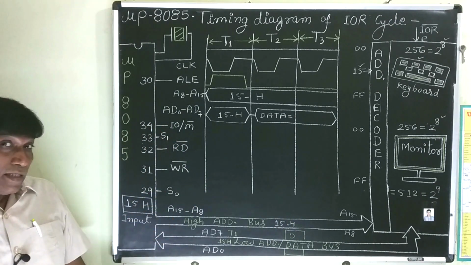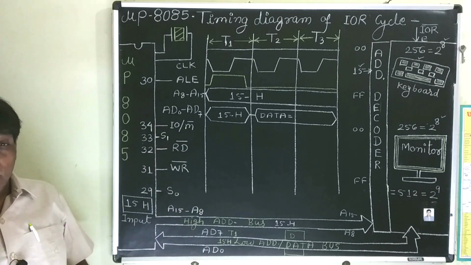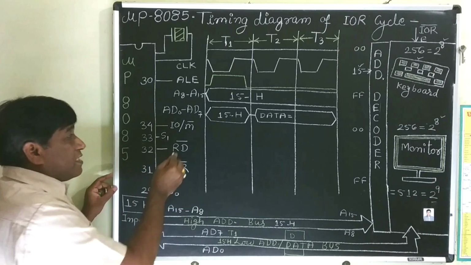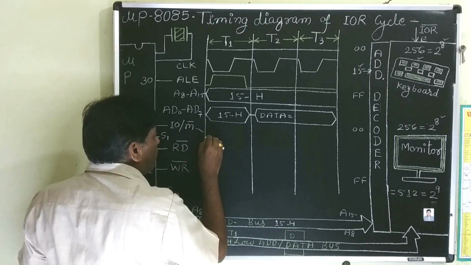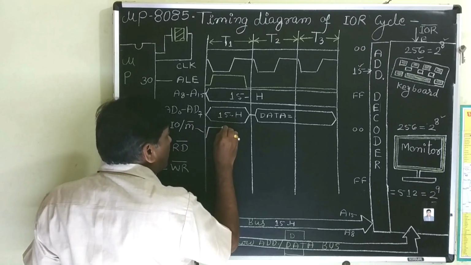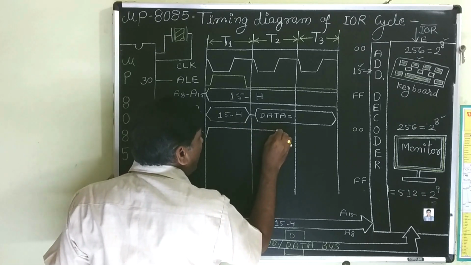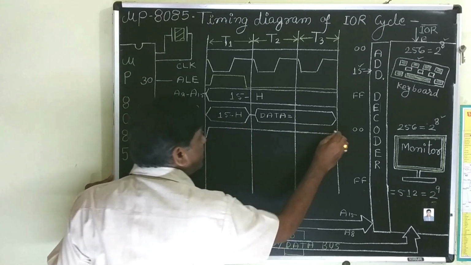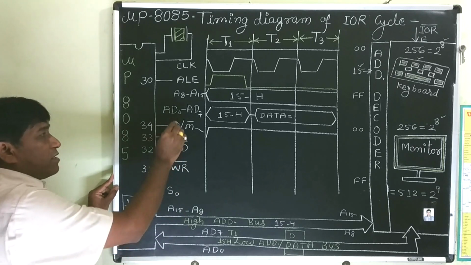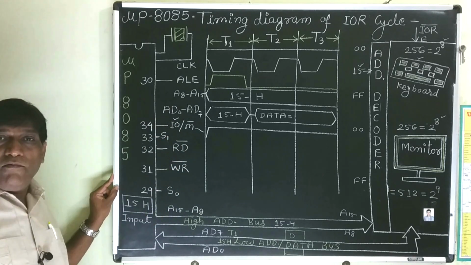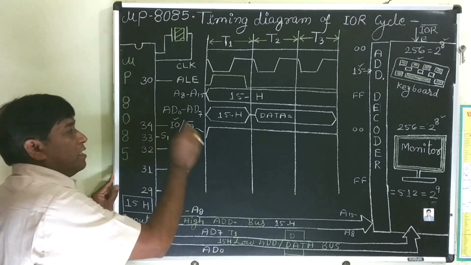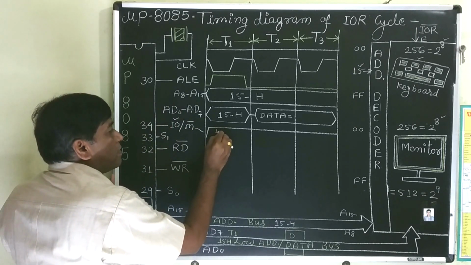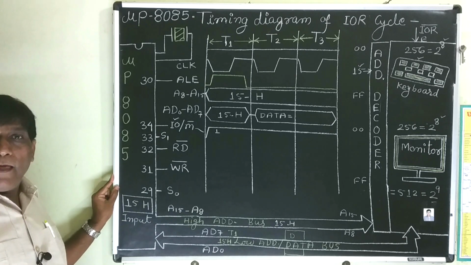Now, what is the status of these signals? IO bar signal. Because it is an IO operation, this IO bar signal must be high, and it should be high for all three T states. Because it is an IO operation, we have to read the data from the keyboard input device. So IO must be at 1.